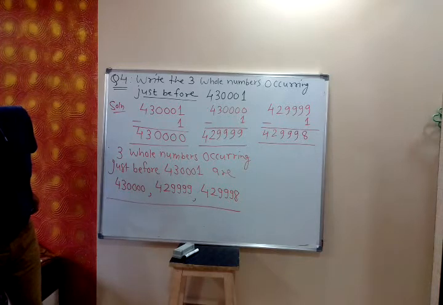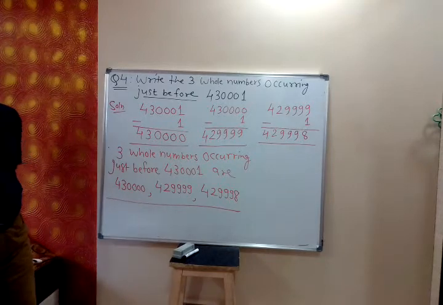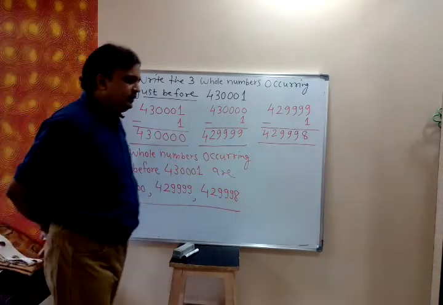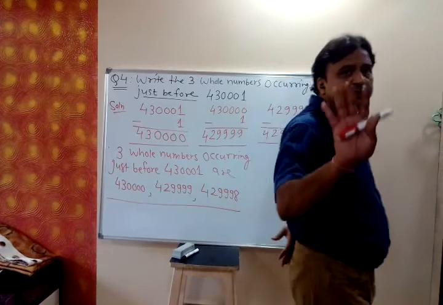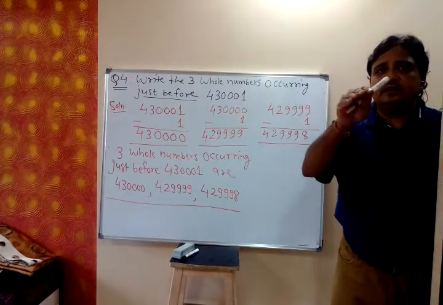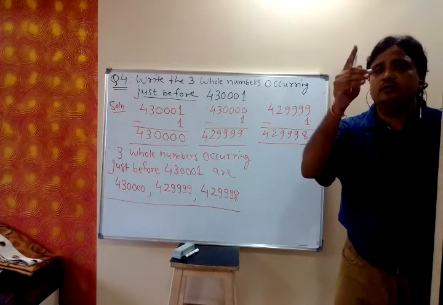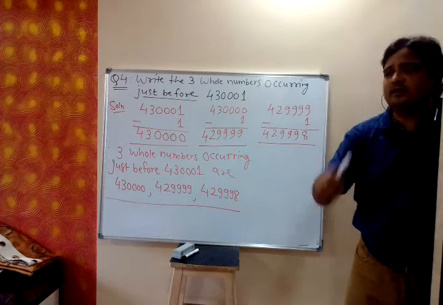Just before means predecessor. For predecessor, you have to subtract 1 from the given number. Just after is the same as successor. For successor, you have to add 1 to the respective number.